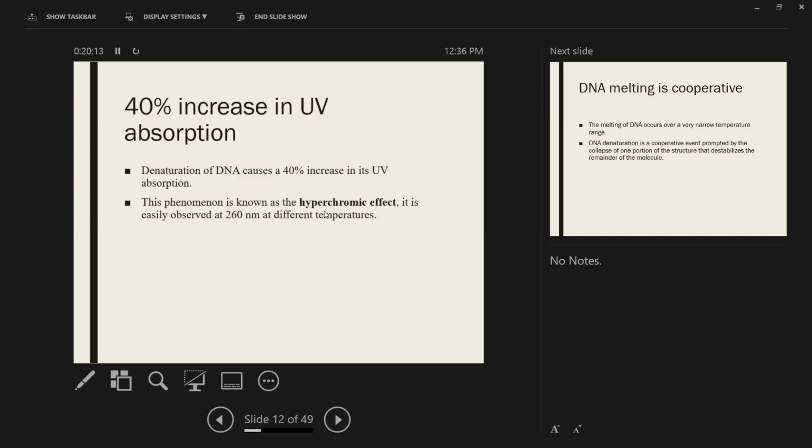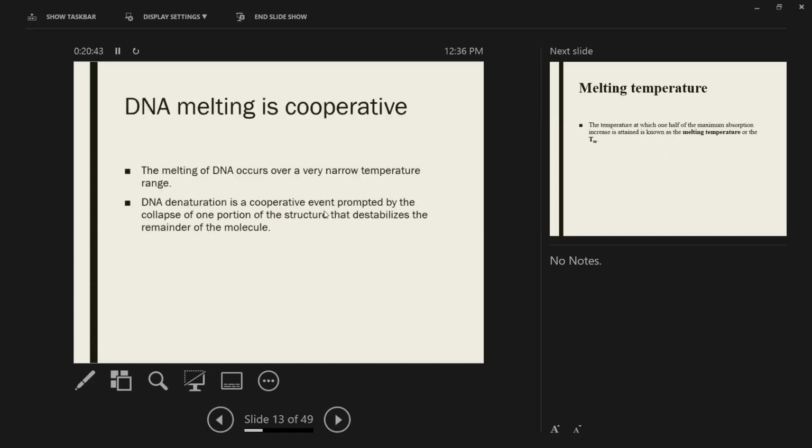I was talking about renaturation when the slide said denaturation. When it denatures, the absorption will go up because the bases in single-stranded DNA absorb at A260 more vigorously. They're more exposed. When they're in a double helix, the absorption goes down. So that's the so-called hyperchromic effect.